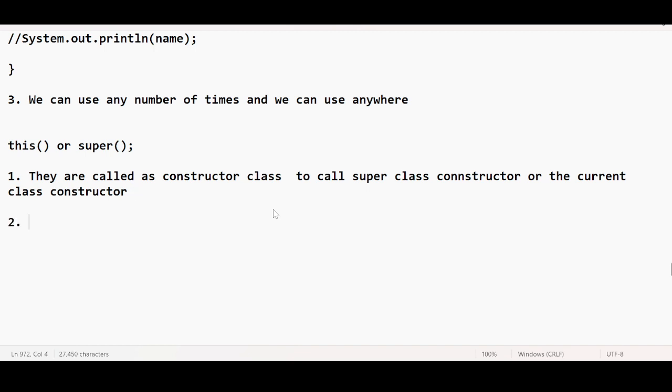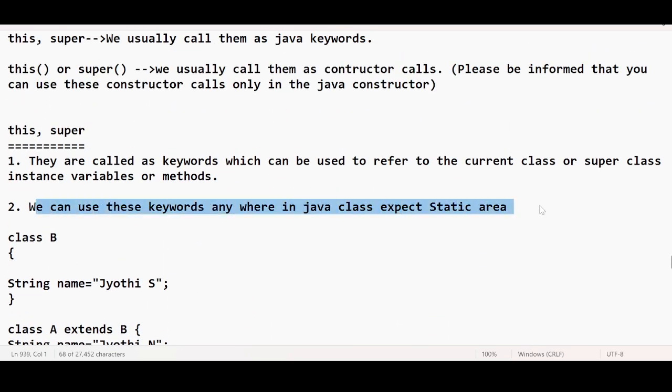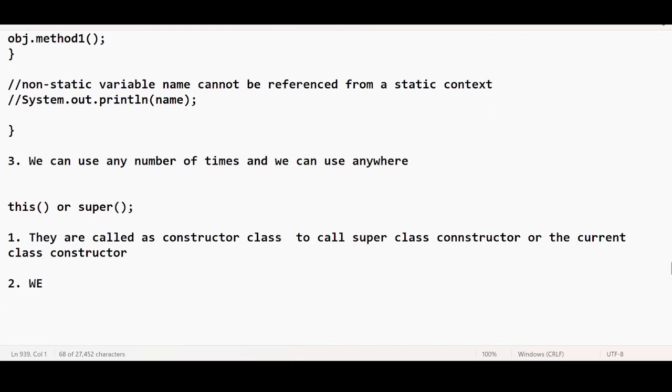The second point: the keywords this and super can be used anywhere in the Java class except the static area, but these constructor calls we can use only in the Java constructors.